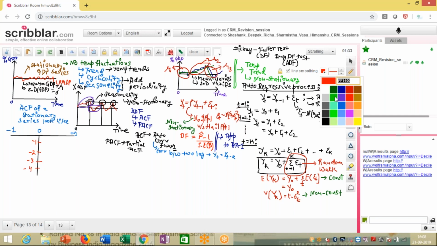Now let's say it is a very stationary series. Then what would happen? Then the first lag must have the highest correlation. So the highest correlation must exist between 0 and -1. And then over successive time periods, this correlation must gradually go down.